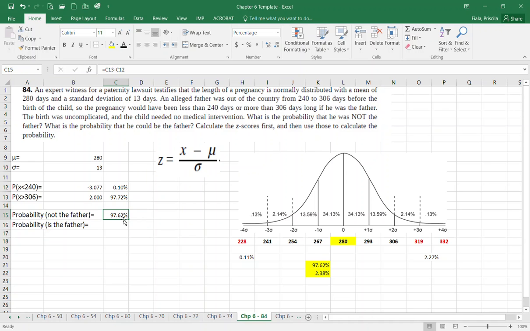Well, if 97.62% is the portion where he couldn't possibly be the father, then you know that 100% for the whole curve minus the 97.62, and there we go. Without even looking at the z-scores you could approximate, but that takes time for you to look at this and get used to the values.